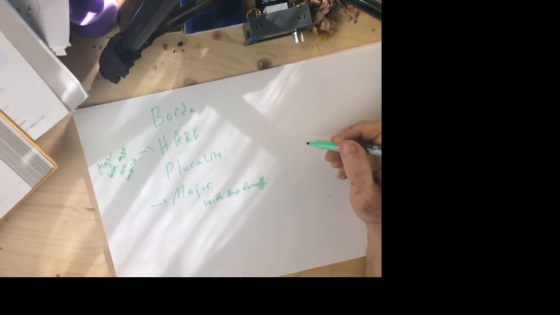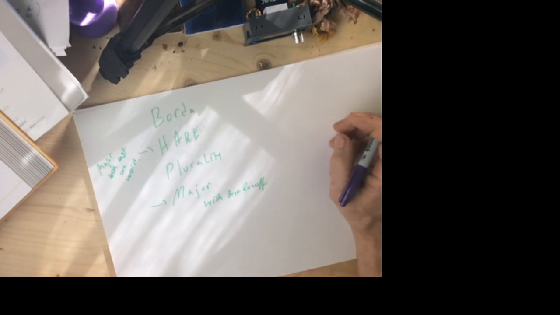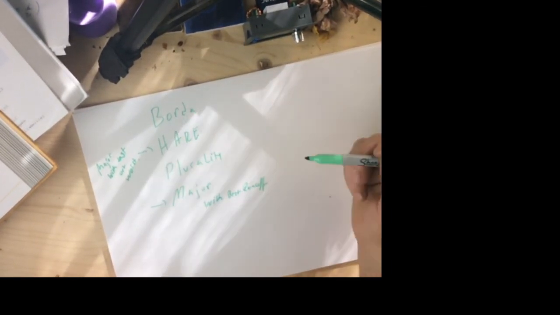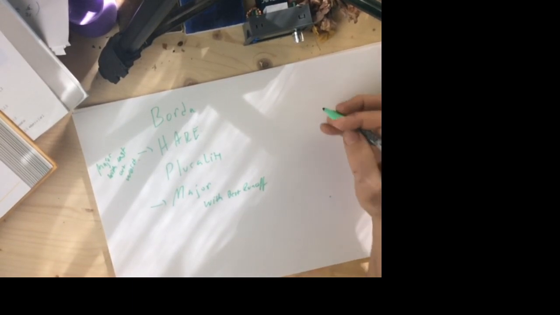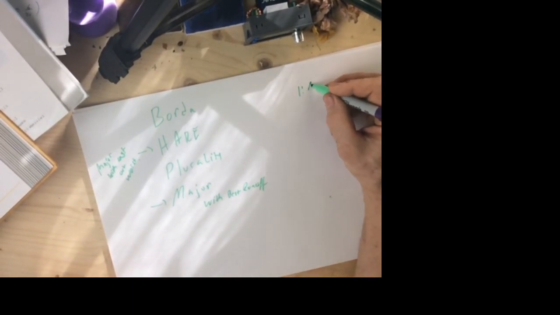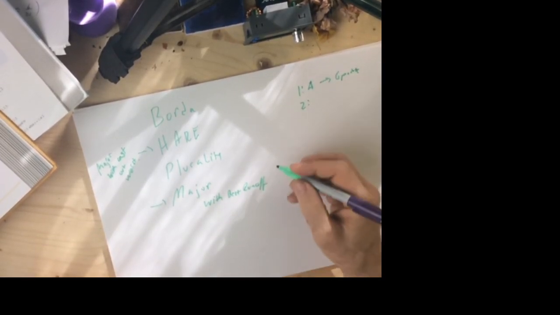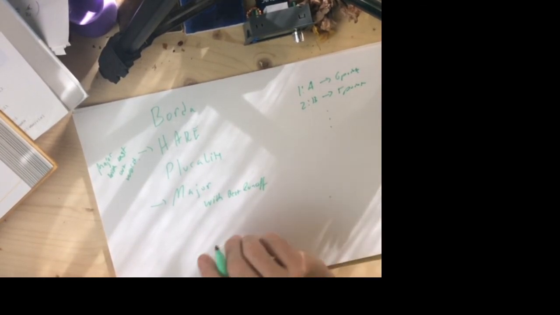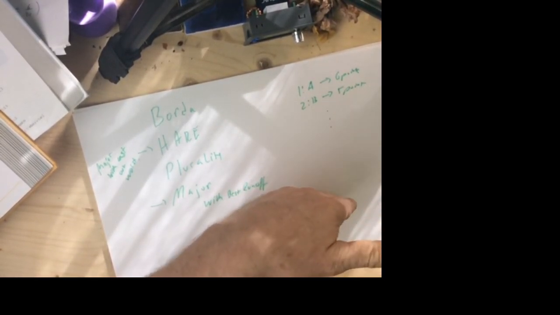Hare system is frequently used in Australia, England, and many parts of the EU. Borda happens to be a point system, where if somebody votes for, let's say, candidate A in first place, they might get 6 points. But if they put candidate B in second place, they'll get 5 points. And we'll continue that pattern down.